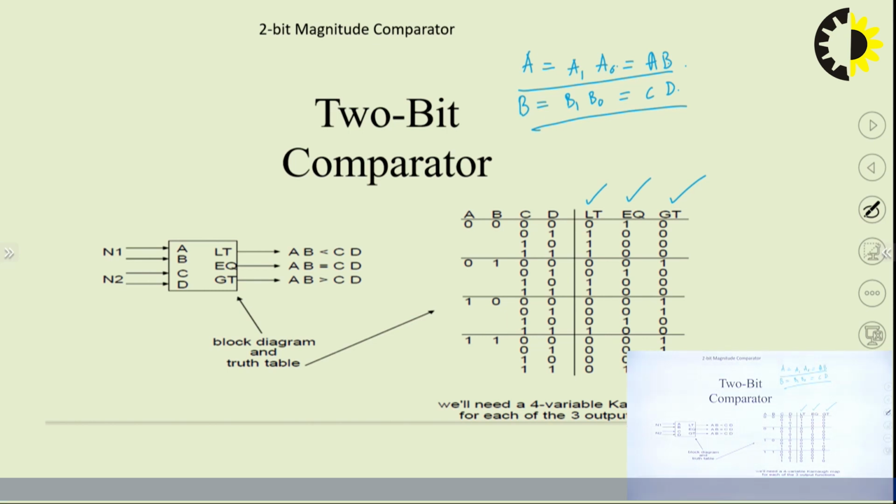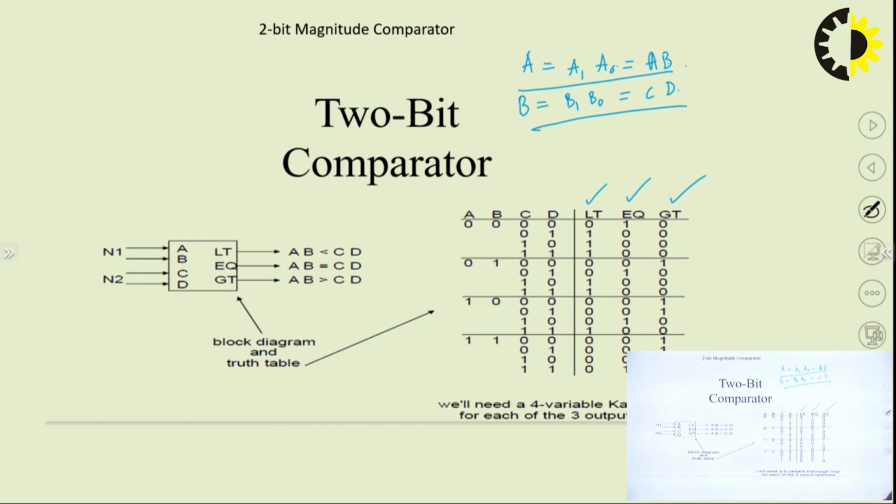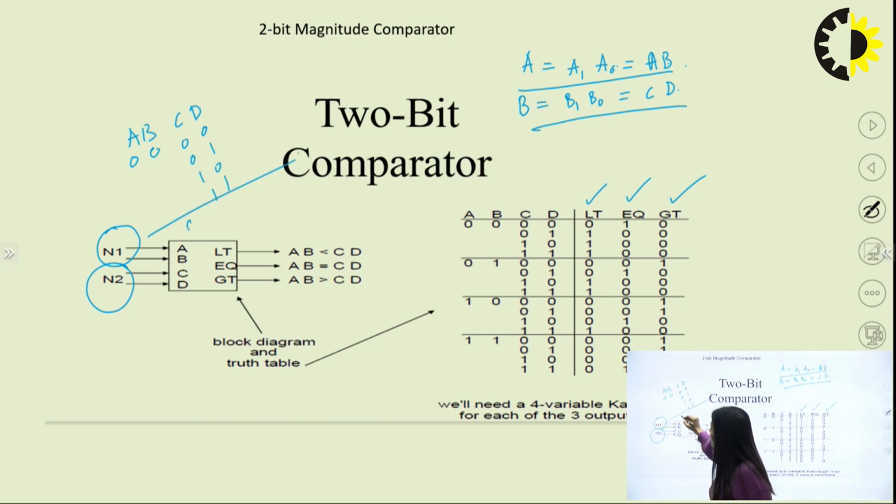Now we can write all the cases which are possible as inputs for the first number, number 1, and for the number 2. For each AB, I have 4 combinations of CD: 0 0, 0 1, 1 0, 1 1. For 0 1, we have again 0 0, 0 1, 1 0, 1 1.